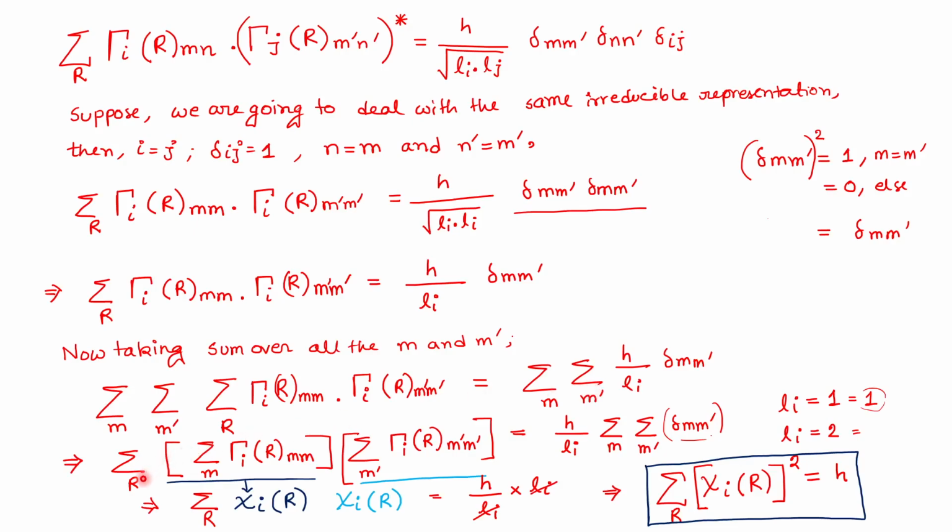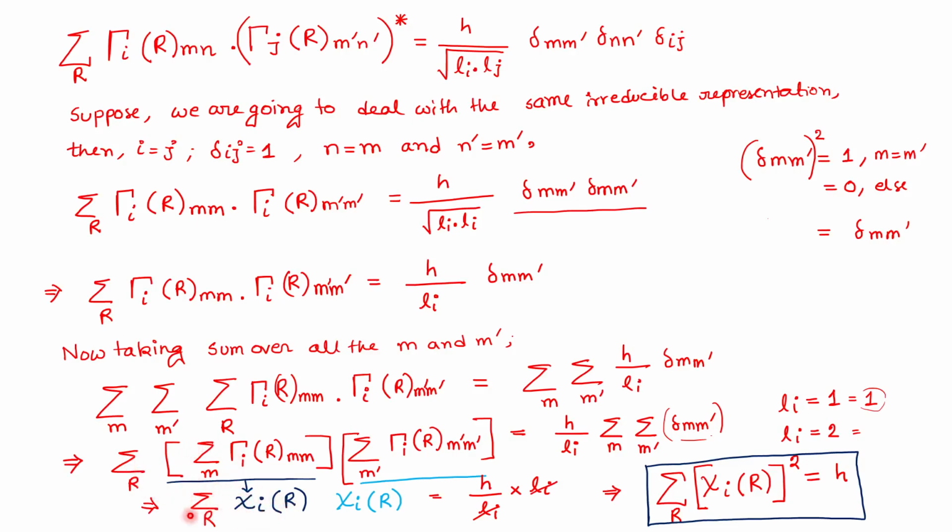So now see, the sum over R we are taking outside, and the sum over m of gamma_i(R)_mm, and the sum over m dash of gamma_i(R)_m dash m dash equals h by l_i times the sum over m m dash of delta m m dash. Now look at the left hand side only.